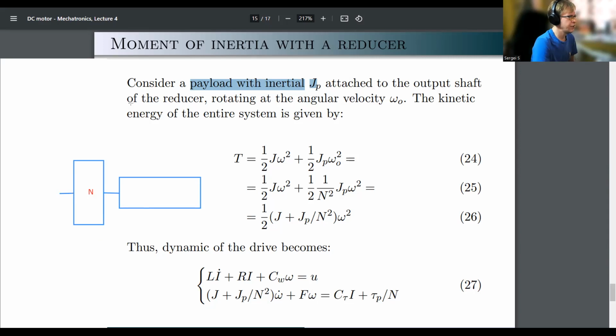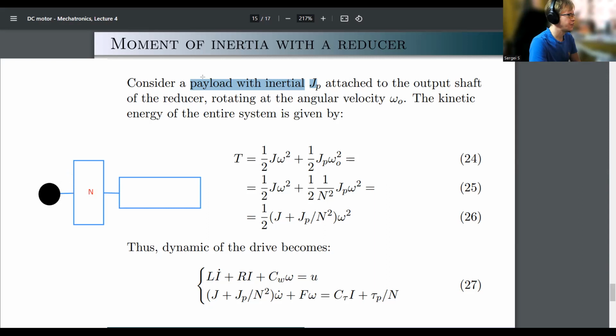So we understand the relation between, let's say, angular velocity here and angular velocity here. It will be 1 over n. Okay, that we understand. But what happens when at the end of this shaft, we have a massive body with inertia?